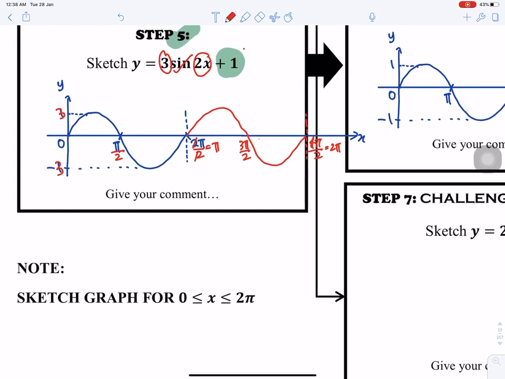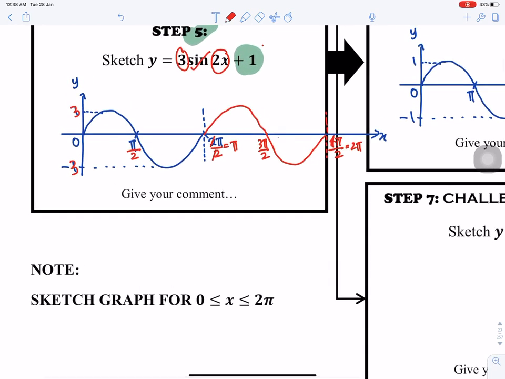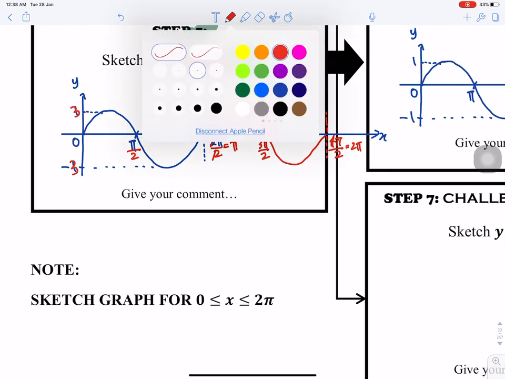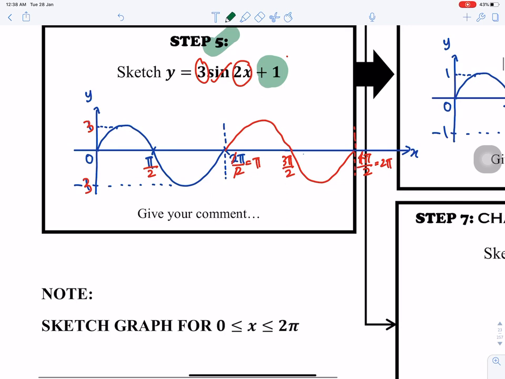So now, as you can see, you add the amplitude +1: 1 plus 0, 1 plus 3. So now it becomes 4. Here is 1, and this area is -2.